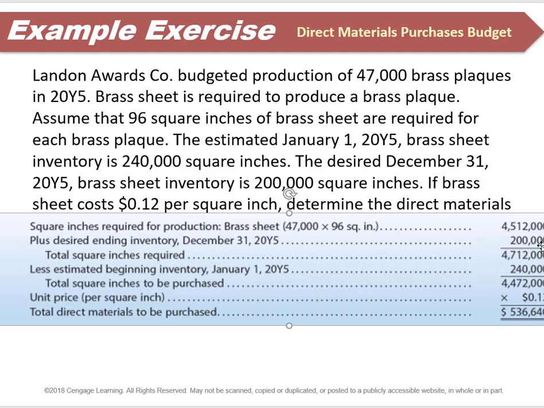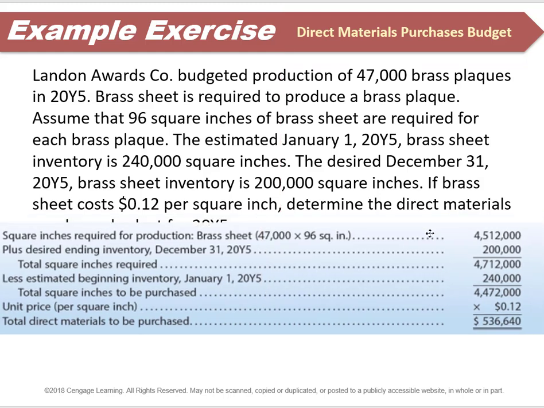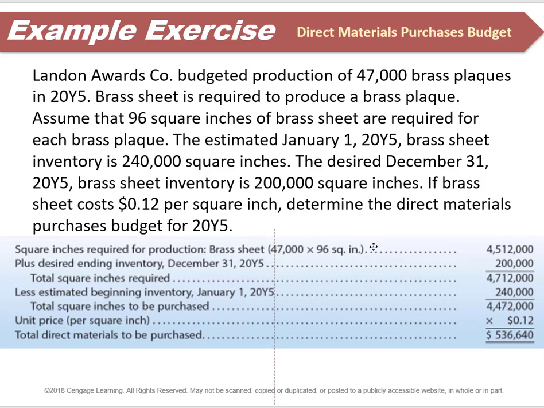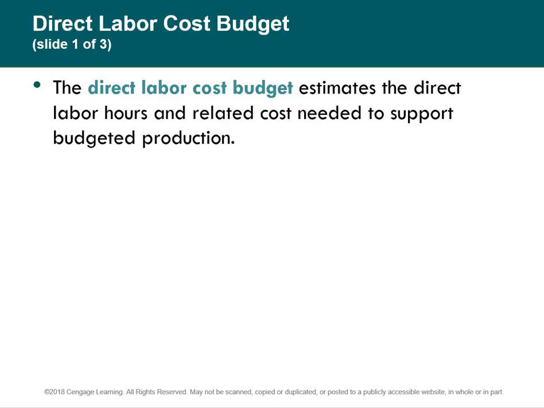We want 200,000 left over at the end, so that means we require 4,712,000 less the beginning inventory gives us 4,472,000. Okay, times our price per square inch. Hope you can see that. 12 cents gives us our direct materials required to be purchased. We'll do each one of these though. We'll do different problems on it.